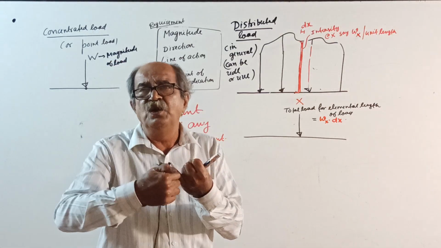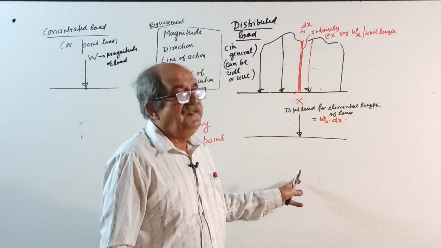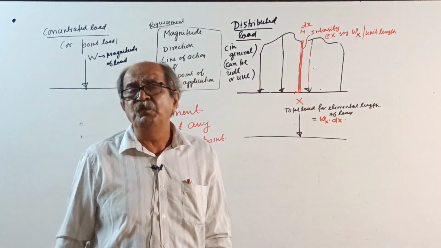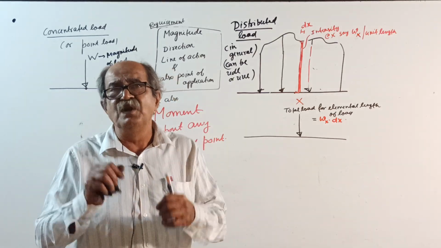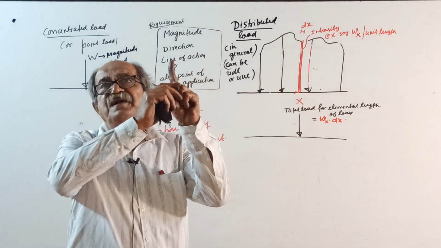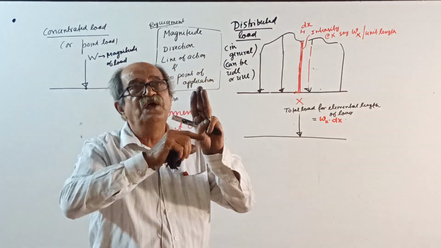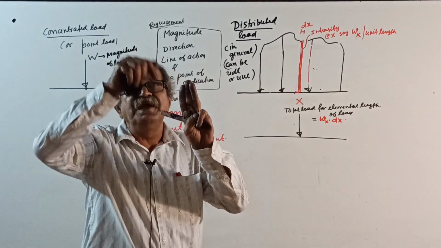When I take point load, UDL or UVL, either represented by a triangle or trapezium, I will give an example for you. How to find the magnitude, one. How to decide the direction, two. Where is the line of action, three. And where is the point of application, four.